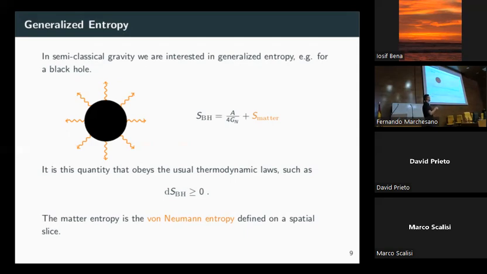We know that that black hole has an entropy proportional to its area, but then we can also consider the entropy associated with Hawking radiation that is being emitted from the black hole. That would correspond to a matter contribution. It's precisely this quantity, which is called the generalized entropy, that obeys the usual thermodynamic laws. So this is the proper thing to look at. The matter entropy is defined as the von Neumann entropy on a spatial slice, which is a different way of saying entanglement entropy.